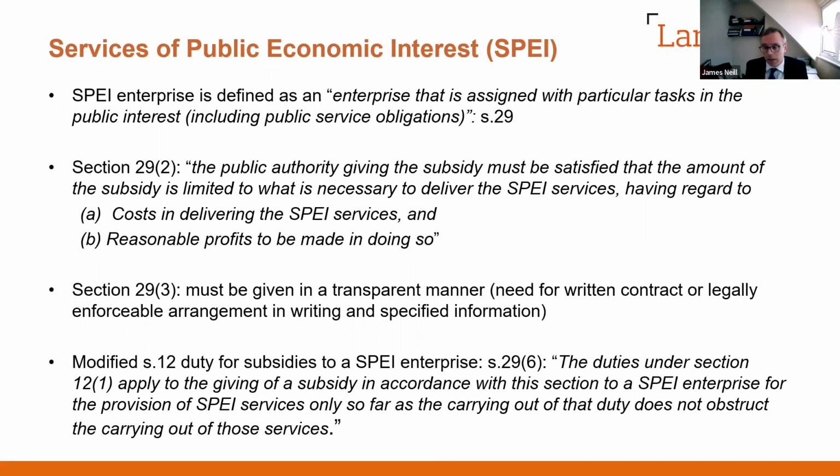So that's a specific additional duty applying to SPEI services. And then there's a requirement under section 29(3) that SPEI assistance must be given in a transparent manner, and there's a need for a written contract or legally enforceable arrangement in writing, with various specified information that needs to be included in either those contracts or those arrangements.